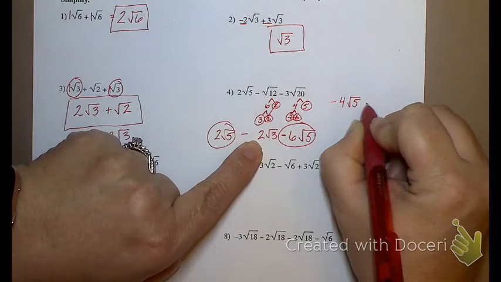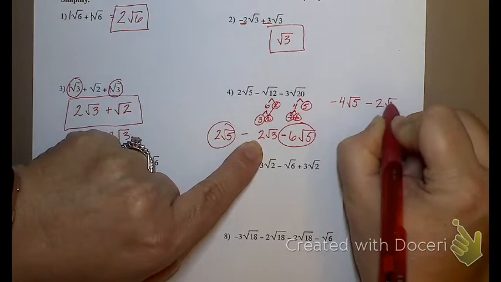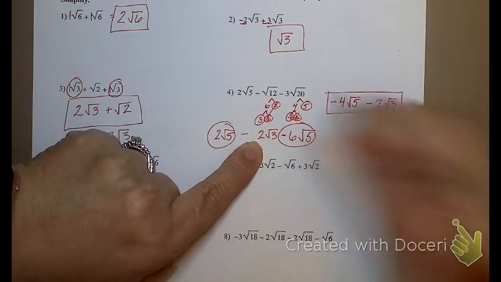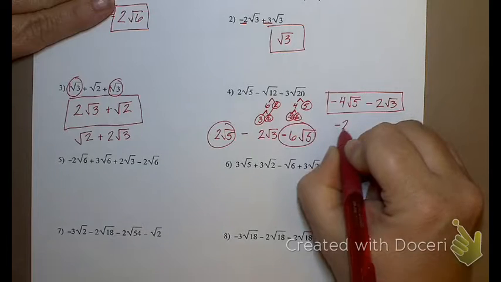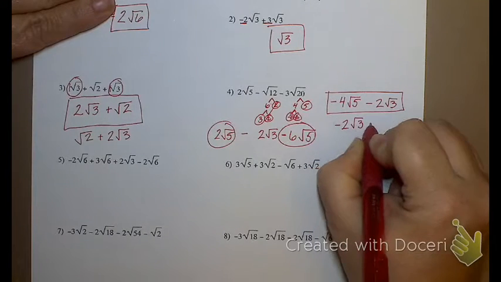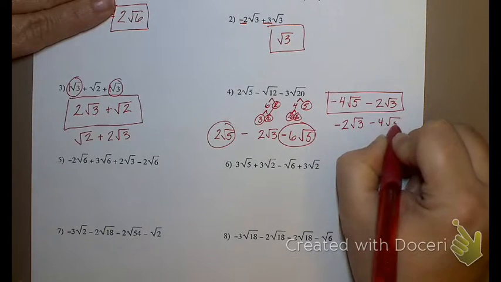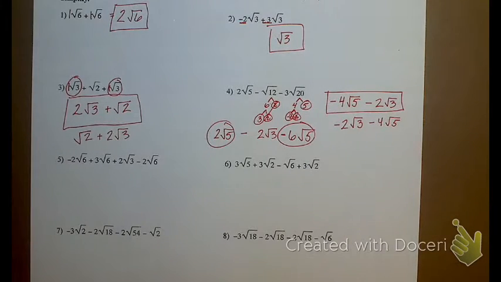And then I have a minus 2 radical 3. What would it look like if I wrote the radical 3 term first? Negative 2 radical 3 minus 4 radical 5. So things that might not start out looking like terms, you can simplify and they become like terms.